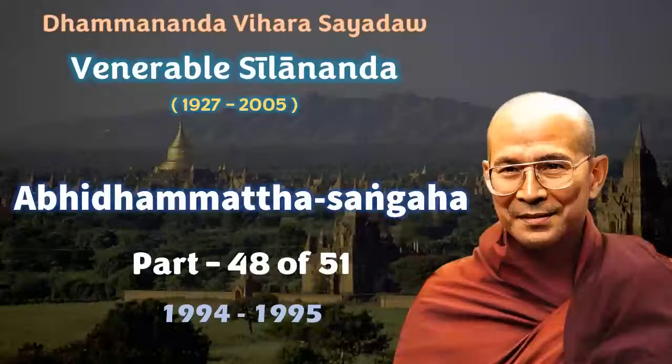Number 2, concept of the unreal. That means names of those that are not ultimate realities. And number 3 is concept of the unreal by means of the real. So there may be two words or two meanings.